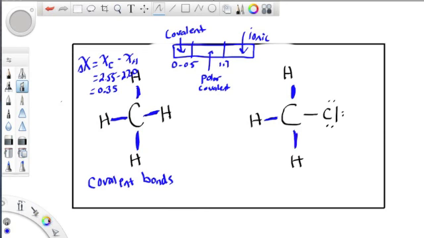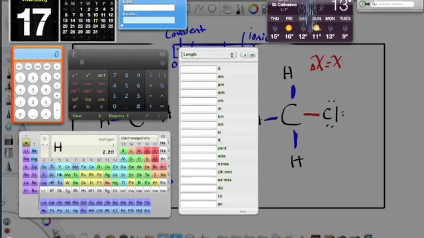But I come over here and all of a sudden, uh-oh, that bond is a different bond. That bond is between carbon and chlorine. So I need a new electronegativity. I don't know which one's higher, so I better go look. I find that carbon was 2.55 and chlorine, ooh, it's 3.16, so chlorine is higher.